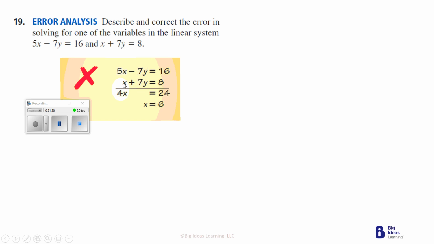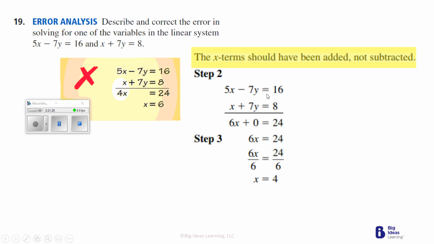We didn't have to turn this into a negative. So really, 5X plus X should have been 6X. And our answer would have been 4 then. So as you can see here, yes, 5X plus X was 6X. When we divide 6 away from 24, 24 divided by 6 would have given us X is 4. So the X term should have been added, not subtracted.